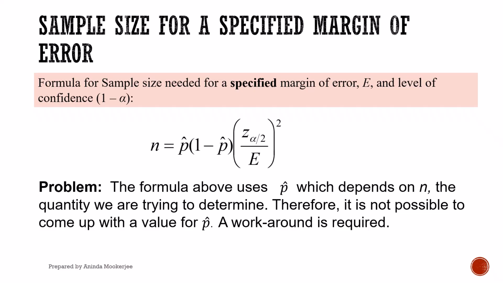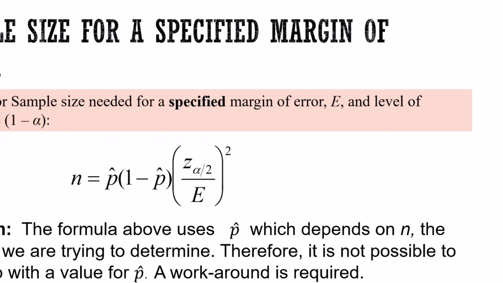Now here we are going to go through the formula to calculate the sample size in studies of population proportion. Now recall that the formula for the sample size is derived from the formula to calculate the margin of error, which in the case of proportion goes like this: z of alpha by 2 multiplied by square root over p hat times 1 minus p hat divided by n, correct?